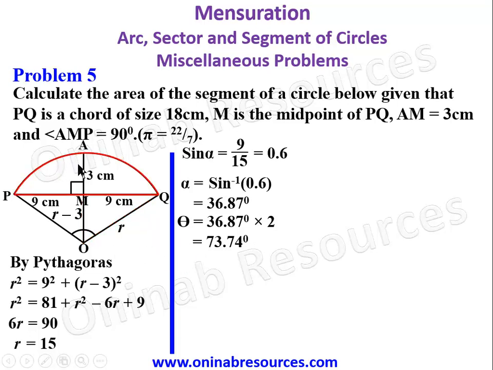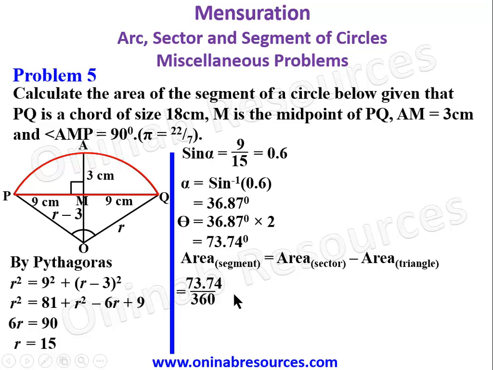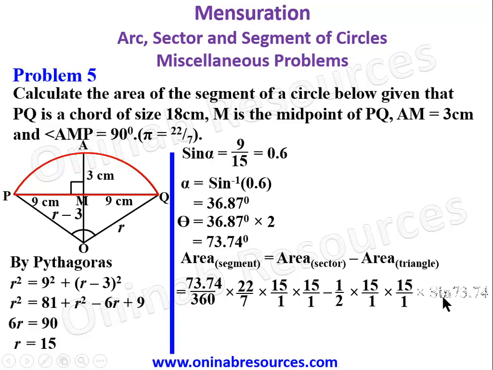We can now go ahead to calculate the area of the segment. The area of the segment will be the area of the entire sector minus the area of the triangle. The area of the sector is theta over 360, that's 73.74 over 360, times 22 over 7, that's pi, times r squared, that's 15 times 15, then minus half times 15 times 15 times sine 73.74 degrees.